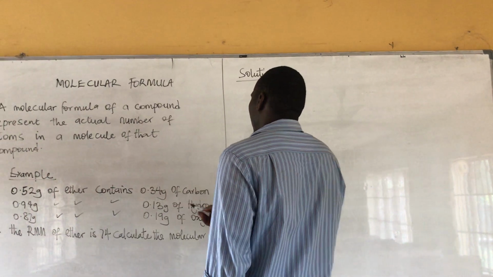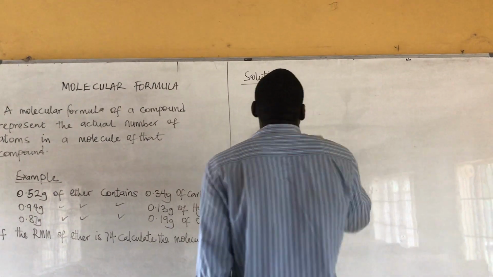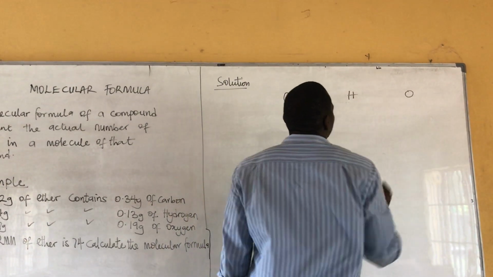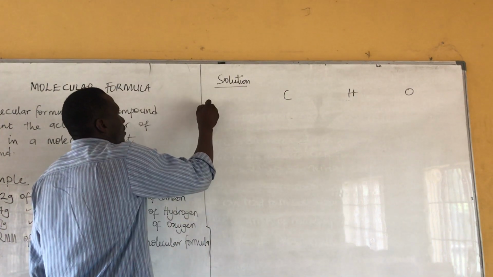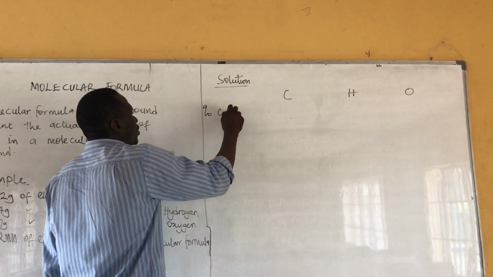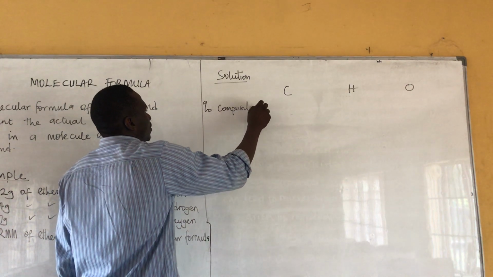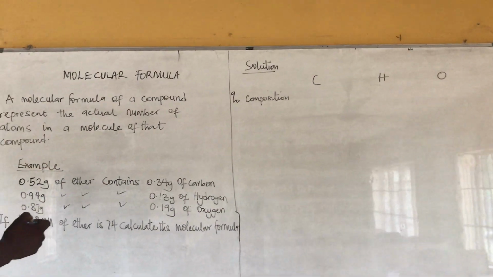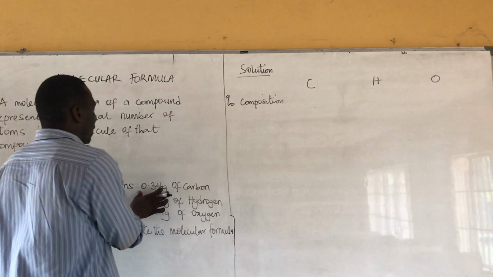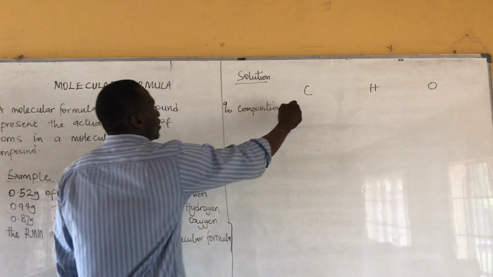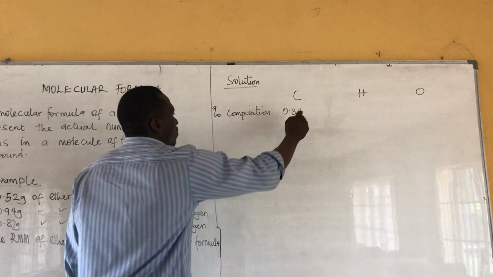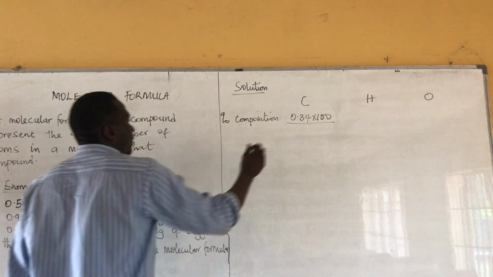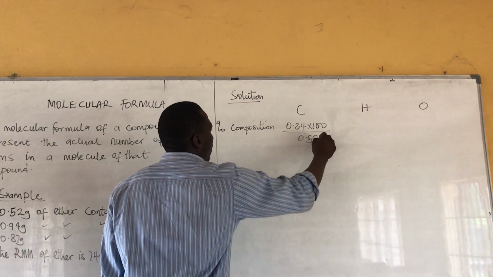Let's see the atom representation: carbon, hydrogen, oxygen. The first thing is the percentage composition of the elements present. The percentage of carbon in ether is 0.34 multiplied by 100 divided by the mass of ether, which is 0.52.